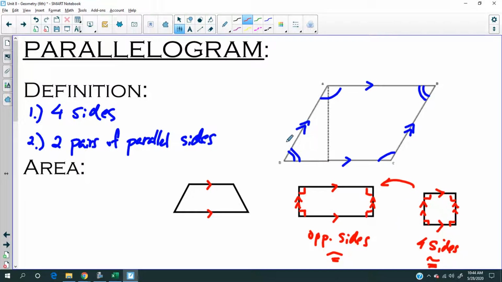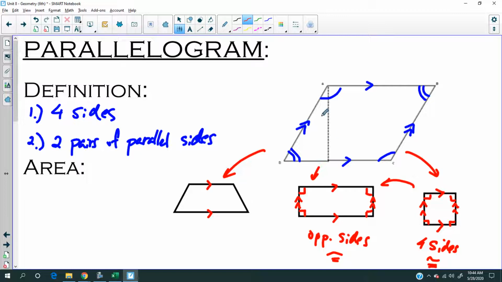Okay, so I'll repeat. Using strictly the definitions, you will see how the minor variations in the definitions manifest in different quadrilaterals.